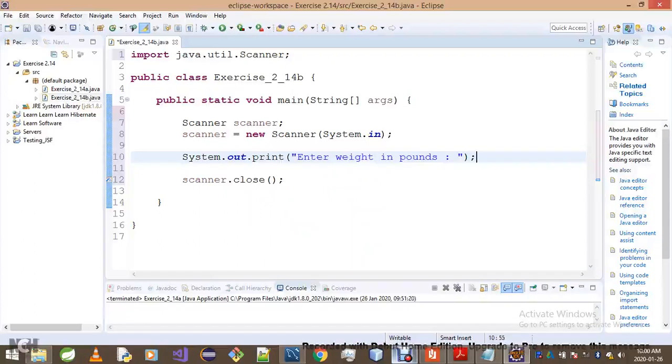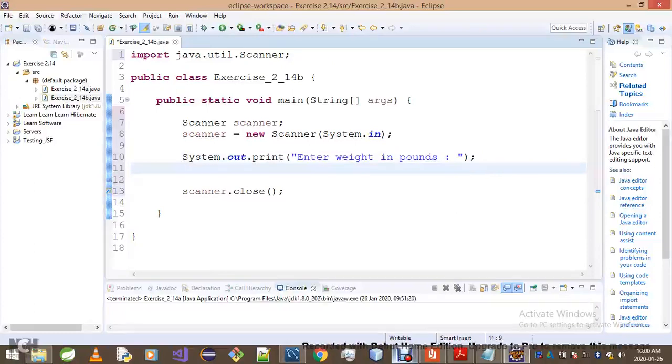If you didn't notice, our previous solution had horrible variable names. They were pretty bad, if you ask me. So I always stress this, that you have to make sure that you come up with something descriptive. Weight in pounds.